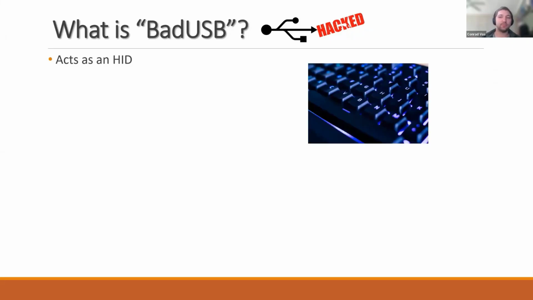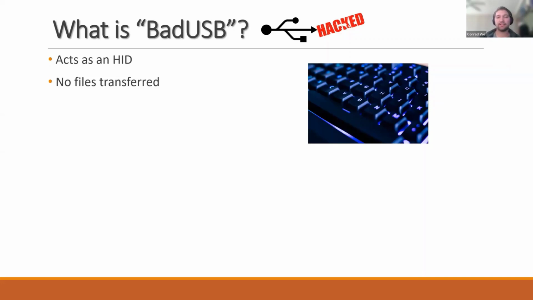That's devices such as keyboards, and for the purposes of BadUSB, it's usually specifically keyboards. There is no files transferred. There is no programs run. It's all just in the way it identifies itself.